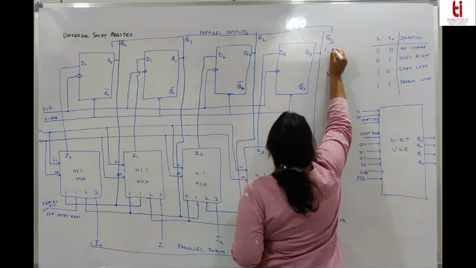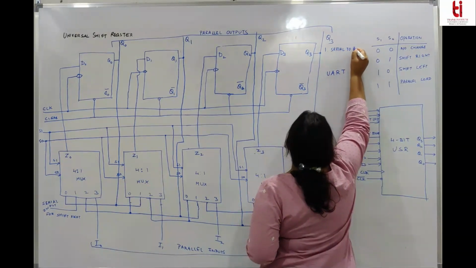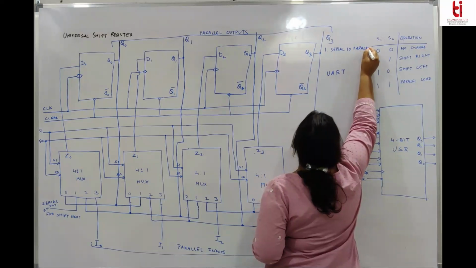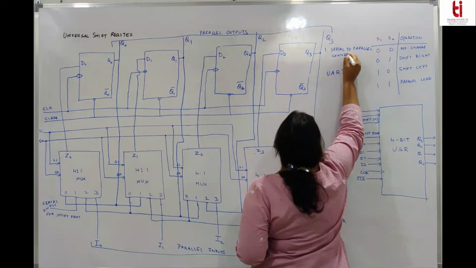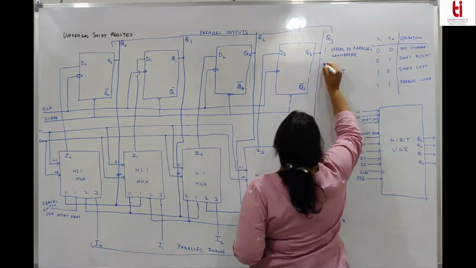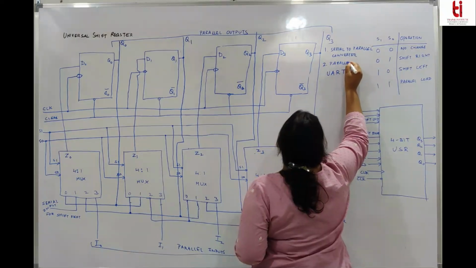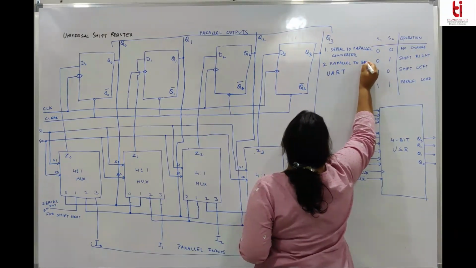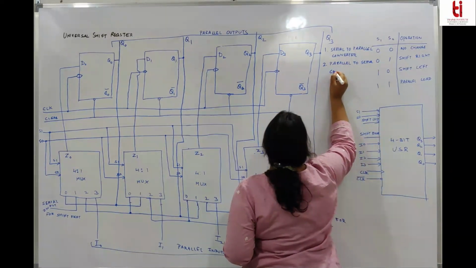The first was serial to parallel converter. Second was parallel to serial converter. These are the applications of shift registers.